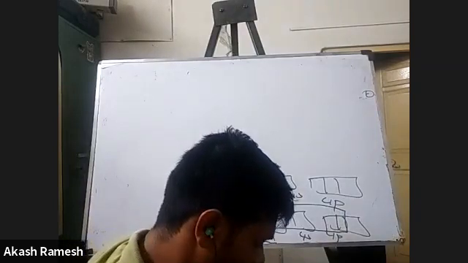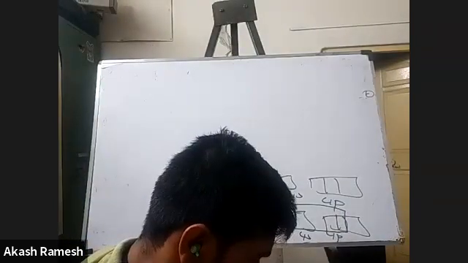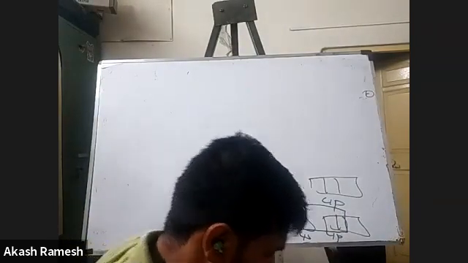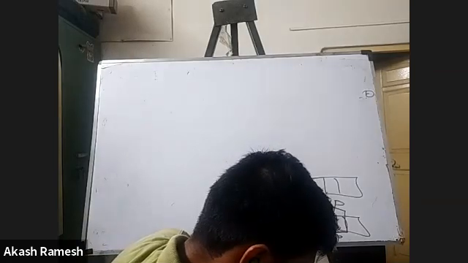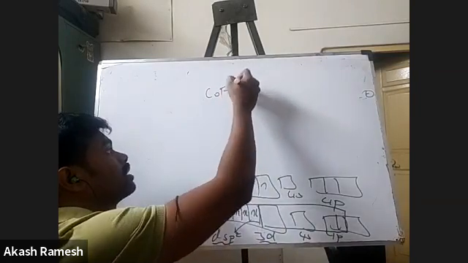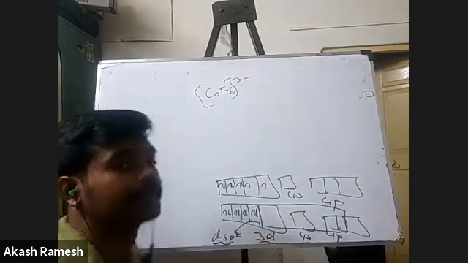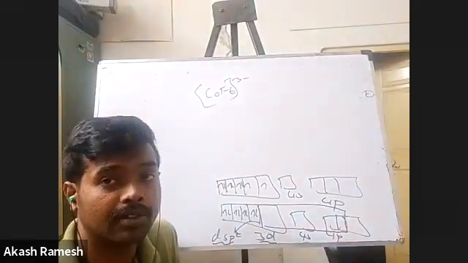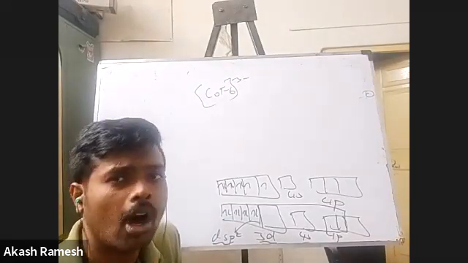Say, let me take CoF6 3-. Now this is an octahedral complex.